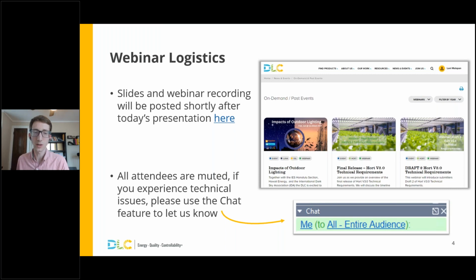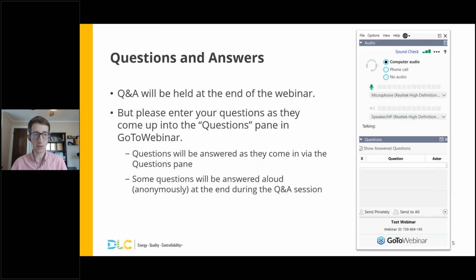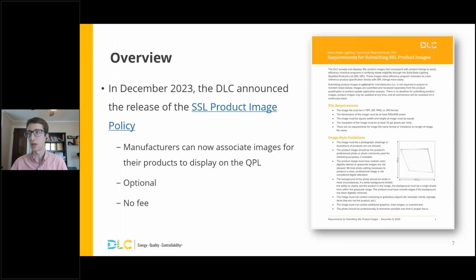Another one, are there rules on product color? Thank you, Andre. Good question. There are no rules in particular or requirements regarding product color. The images must be representative of the product that is being submitted.